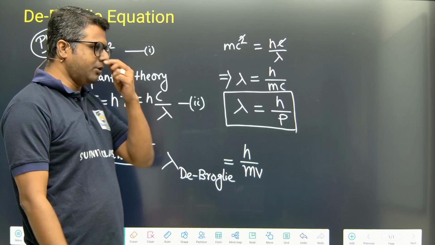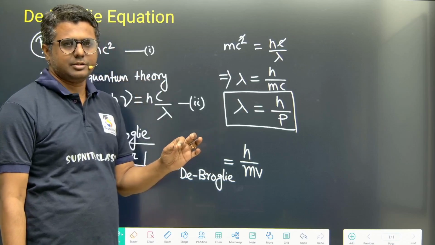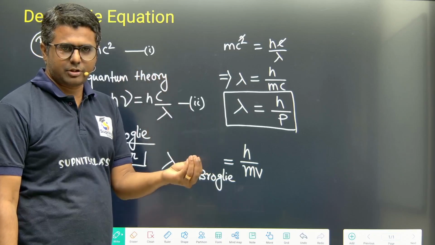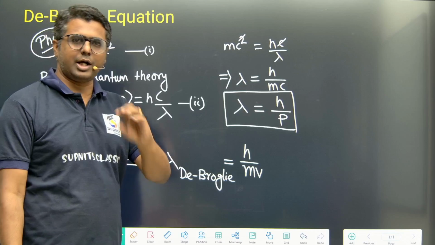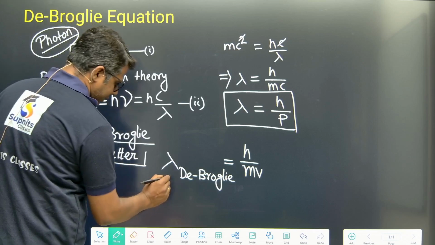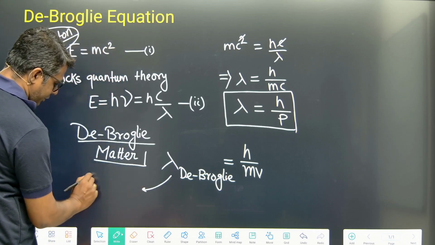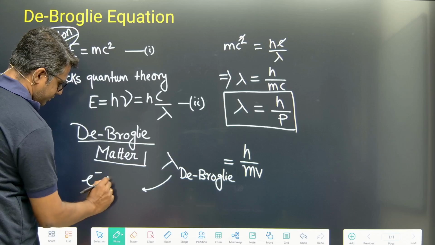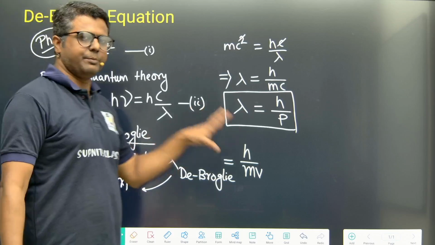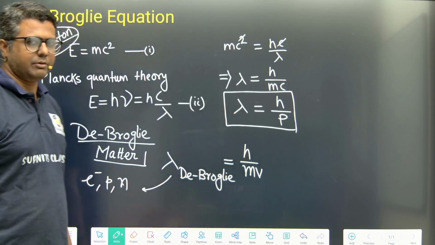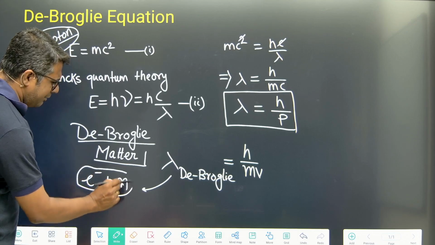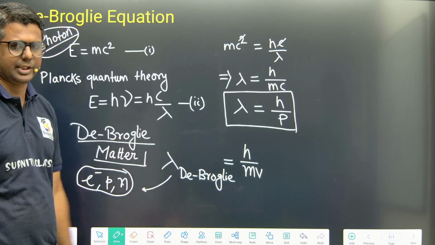Now what he argued is that for matter, it can be electron, proton, which we already know are nothing but particles. So this equation is equally valid for electron, proton, neutron. So for any matter it is valid, what de Broglie said. Now I am writing only electron, proton and neutron, and maybe there are some other particles which I am not writing at this point of time.